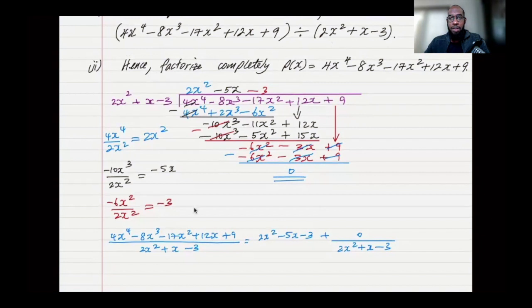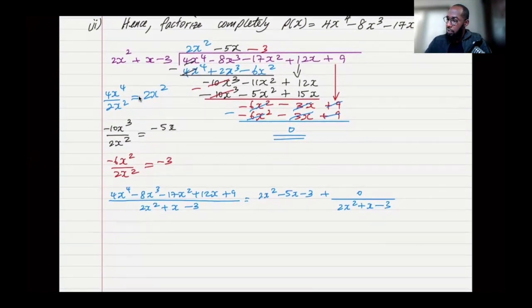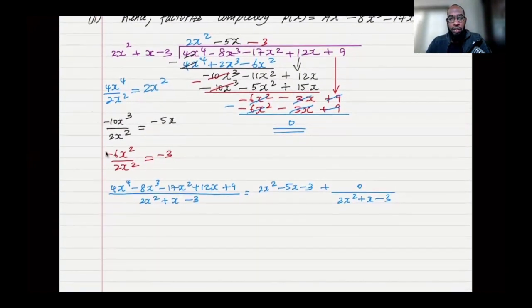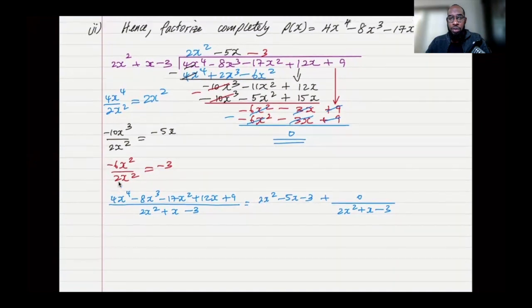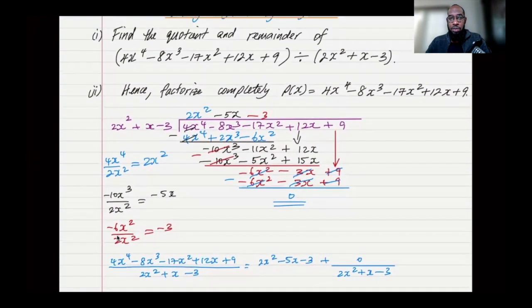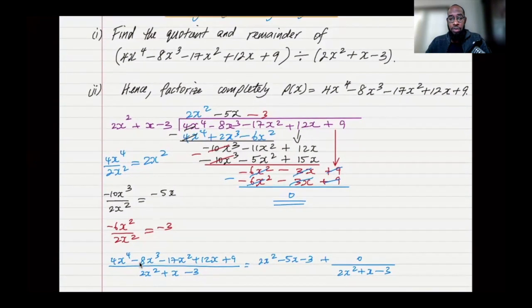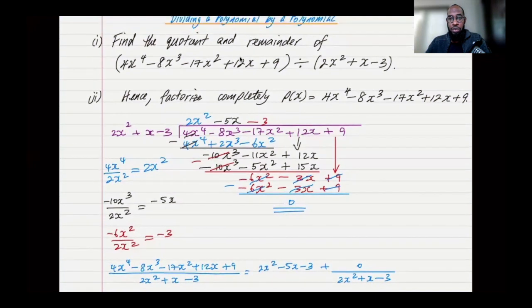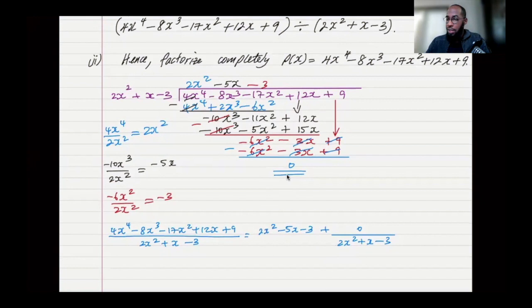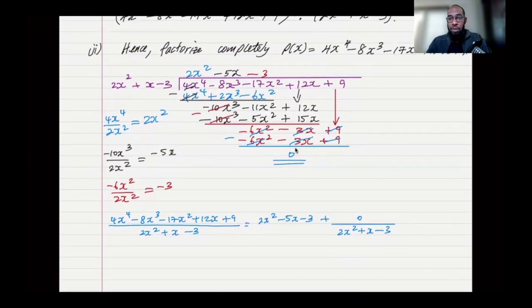This divided by that, that's what's written here, is equal to the answer on top here, plus 0 divided by this expression out of here. All right, that's the long division rule. Continuing. So to continue, because remember, this is the quotient. This is the quotient. All right, this is the quotient here. The quotient, this divided by that is equal to this. We can note that the remainder is equal to 0.